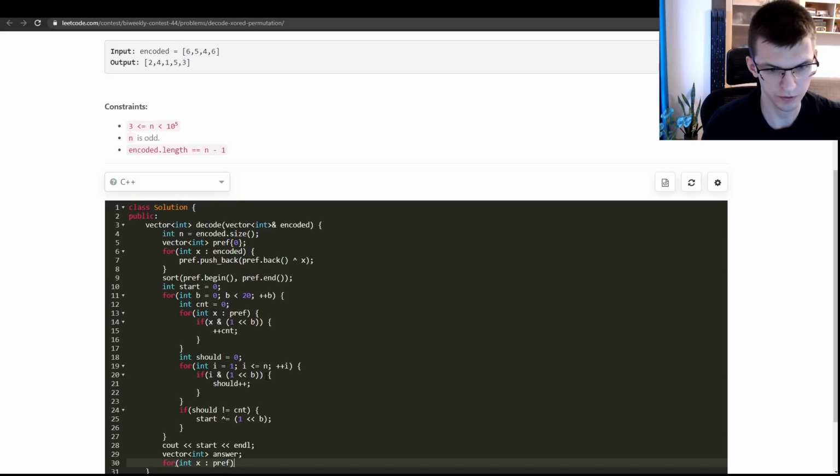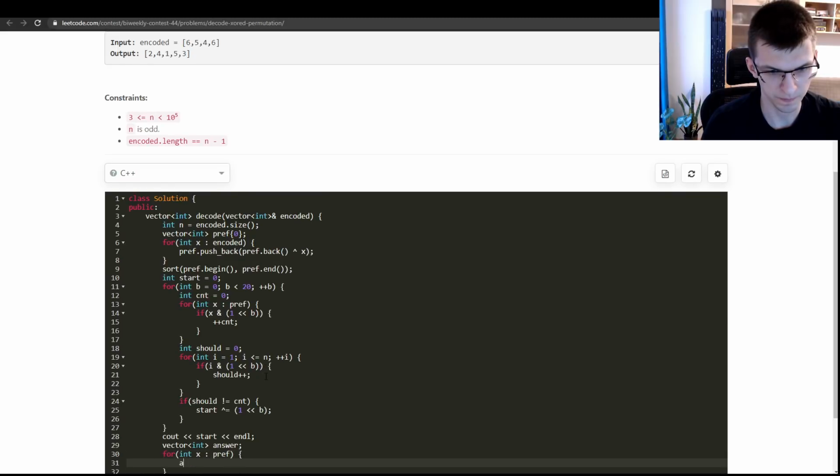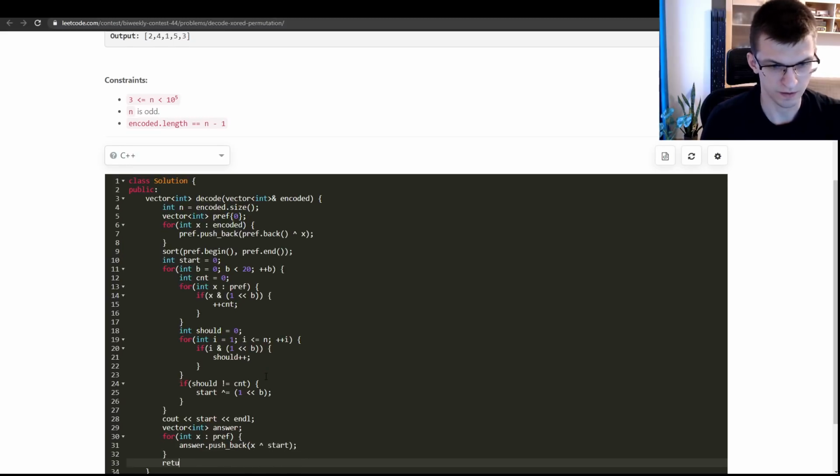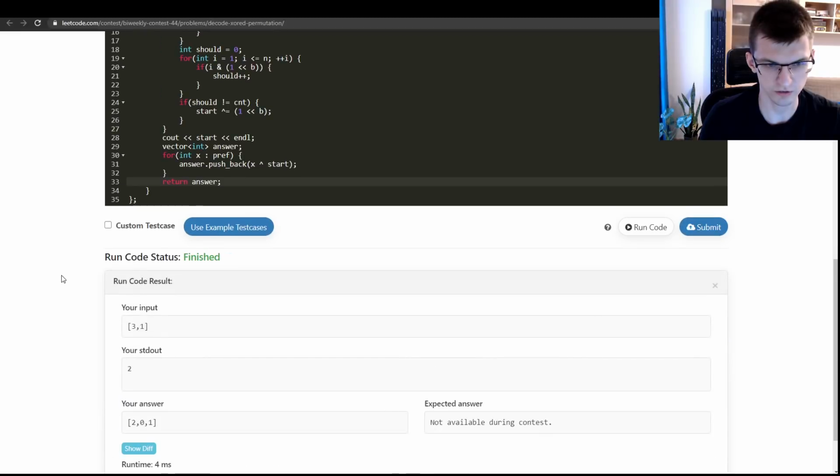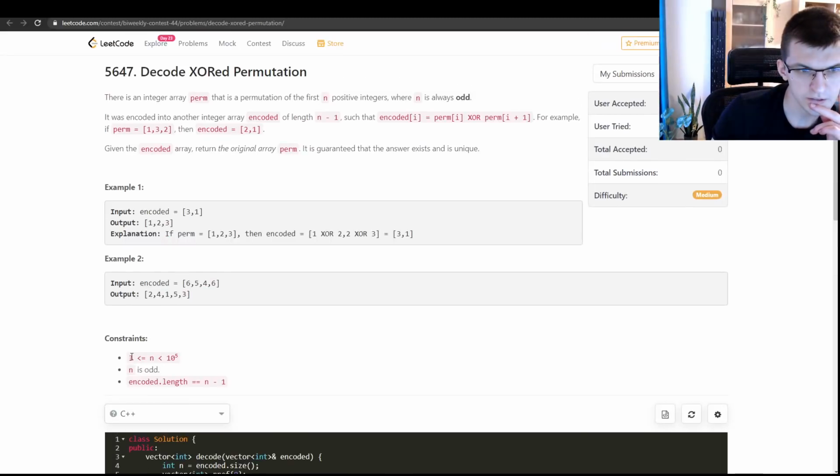For everything in prefix, starting value should be XORed by everything there. Let's see. And n is odd seems important now. Printed 2 and my answer is 201. It's not right.